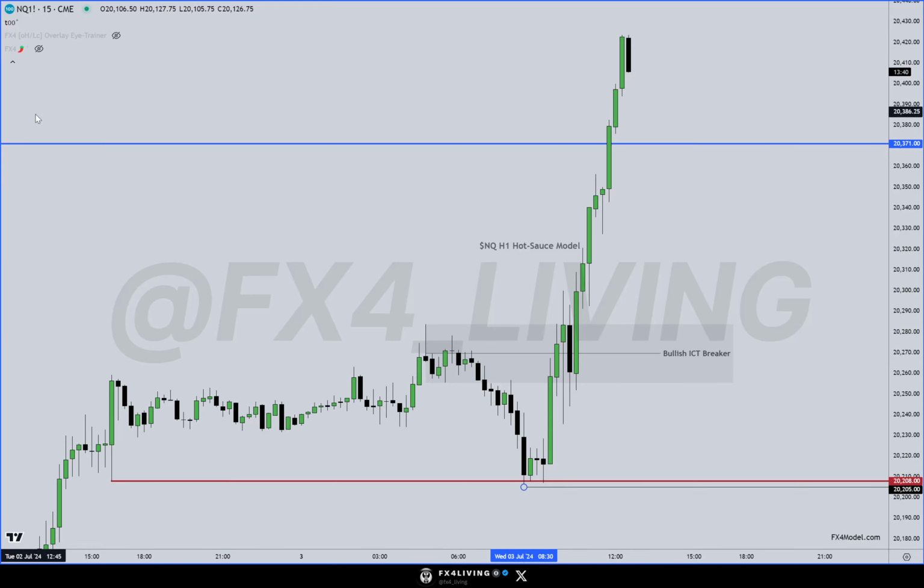This is the 15-minute. I wanted to show you the 15-minute. We have an ICT bullish breaker here. We go through this. That's a possible breaker, but I didn't want to buy it because I was already out.